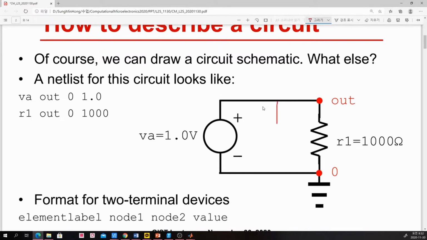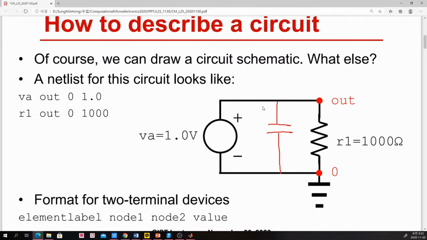I can make it more complicated by adding different elements, or another element, quite easily. So in this case, you build a certain code which is strictly valid for resistor and voltage source.